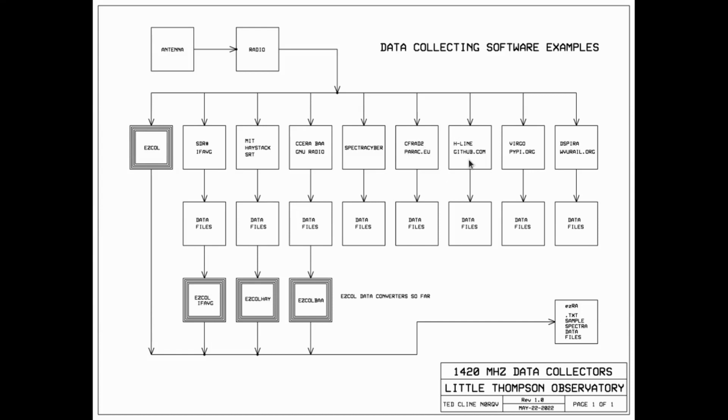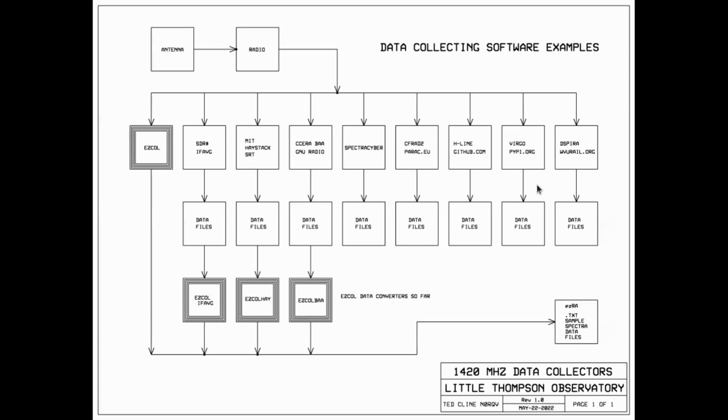Up on GitHub, there is a program called H-line that nicely writes data files. On pypi.org, there are lots of projects, including one called Virgo, astro-virgo you might look for, that writes data files.